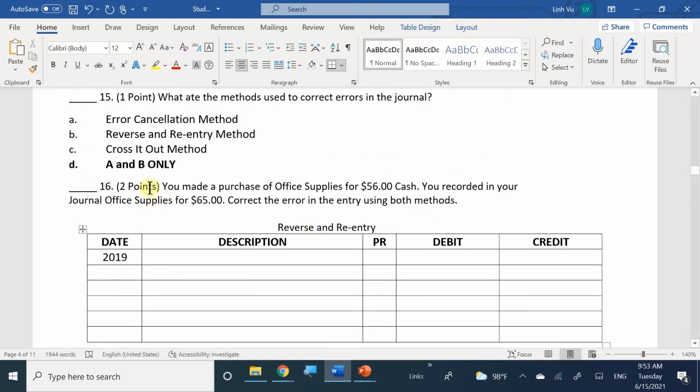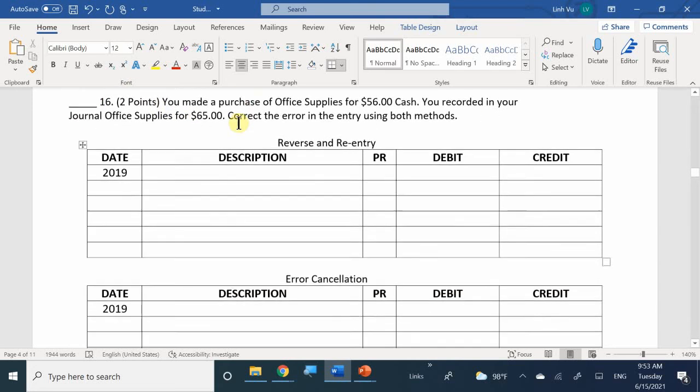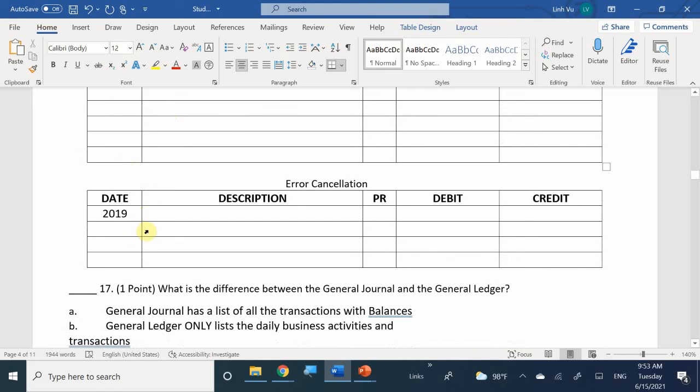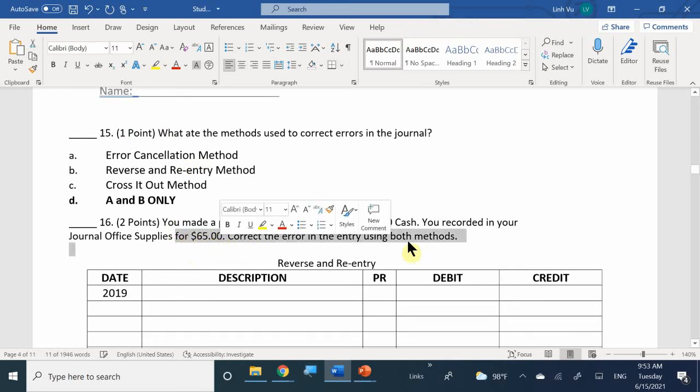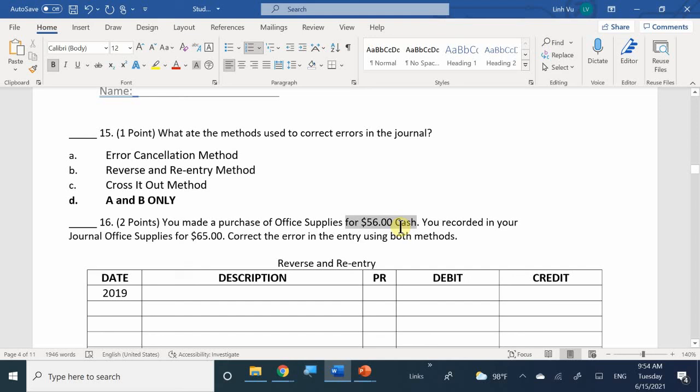The difference between 56 and 65 is $9. The one danger here is you need to determine which account is over and which account is under.